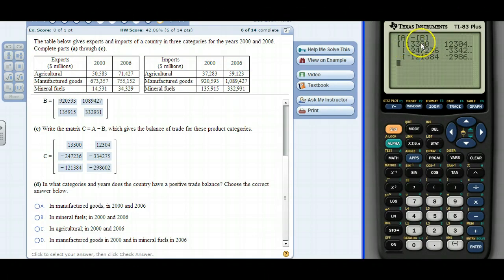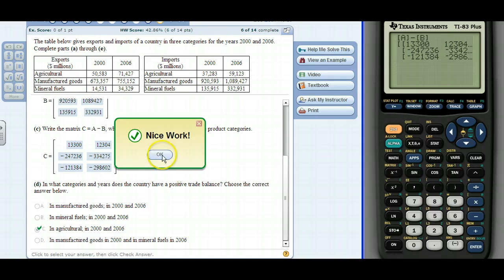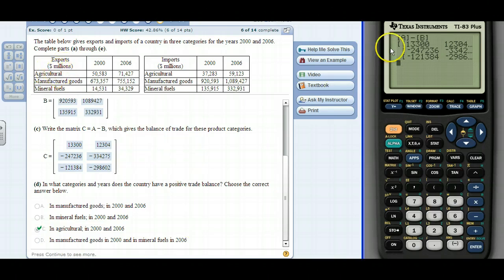So here and here were the only two that were positive. Alright, so in agricultural, in both 2000 and 2006 was the top. Okay, so again, I'm just looking at the top here. That corresponds to the top here, the two positive values. So those are agricultural.